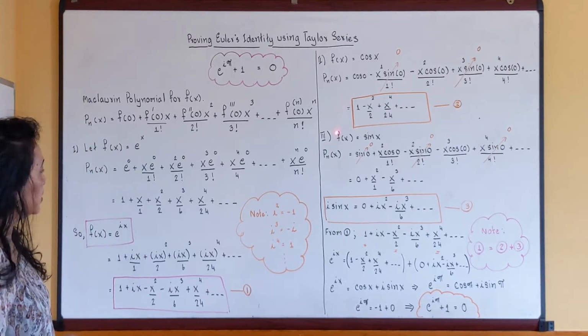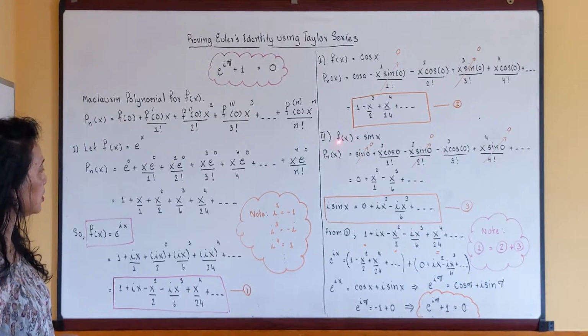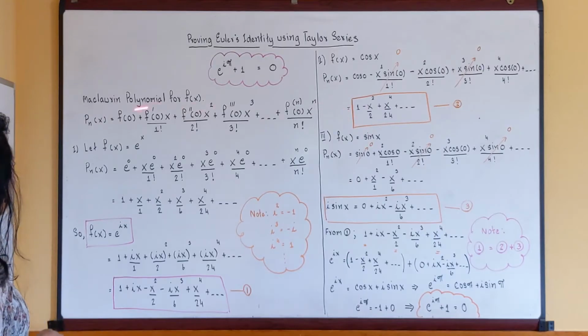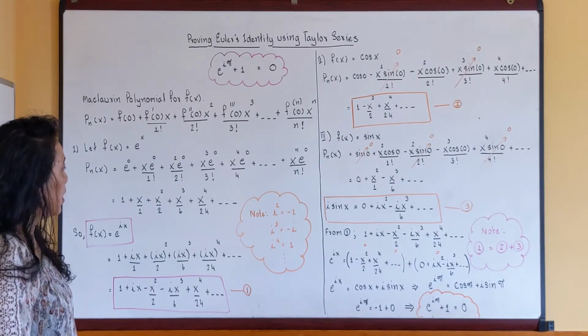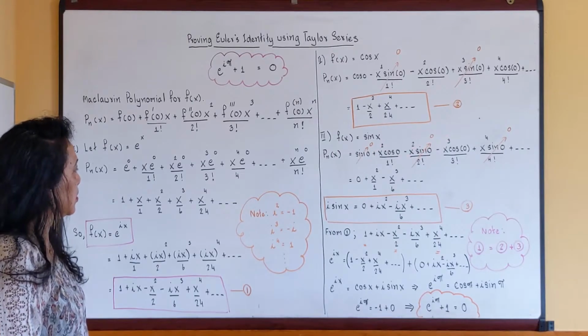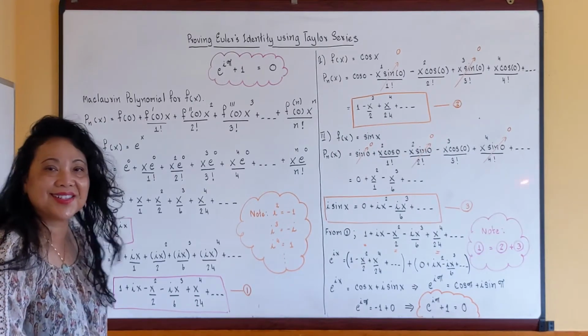Now I'm going to create a third function, f of x equal to sine of x. Again, apply the Maclaurin polynomial: sine of 0, the derivative of sine is cosine, and so on. All the sine of 0 terms are going to be 0, so I have 0 here, 0 here, and 0 there.